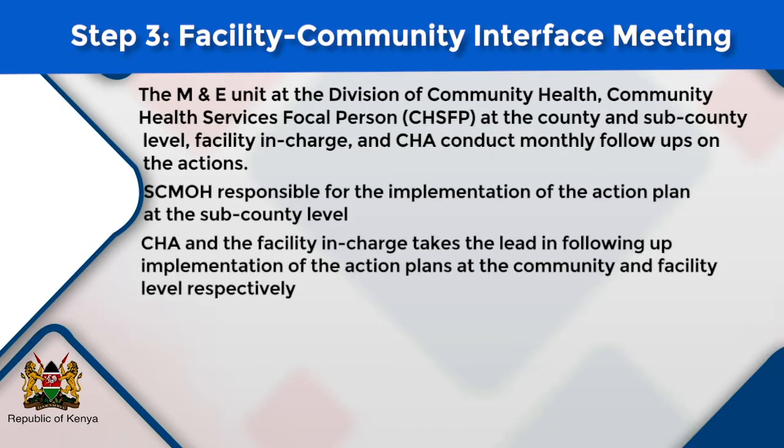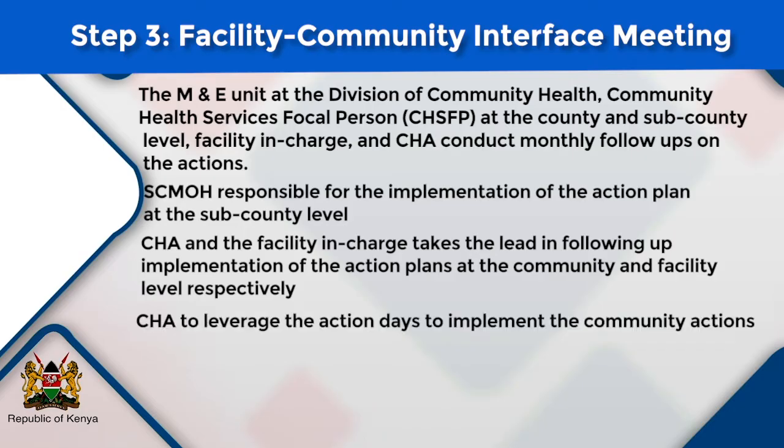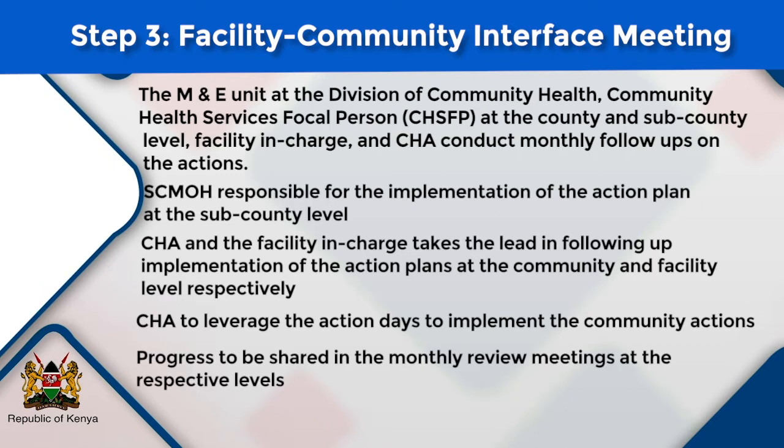Community health assistant and facility in charge take the lead in following up implementation of the action plans at the community and facility level respectively. Community health assistant to leverage the action days to implement the community actions. Progress to be shared in the monthly review meetings at the respective levels.